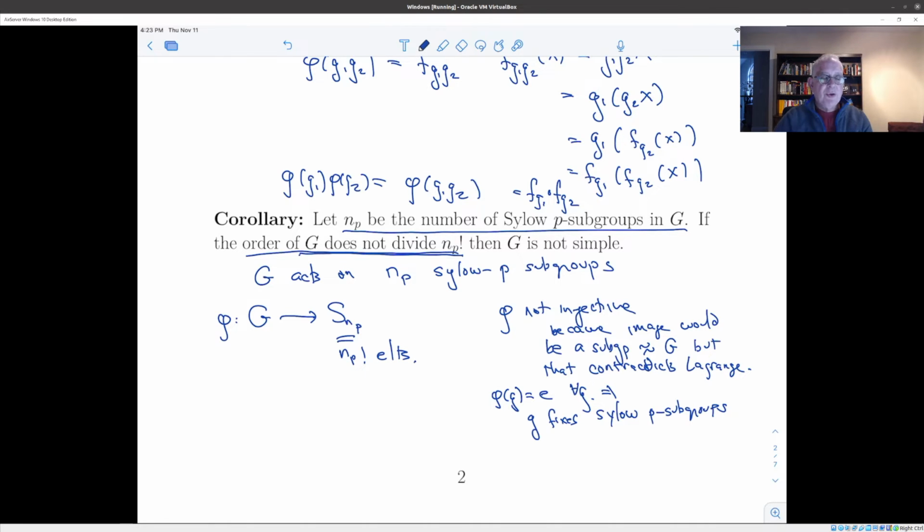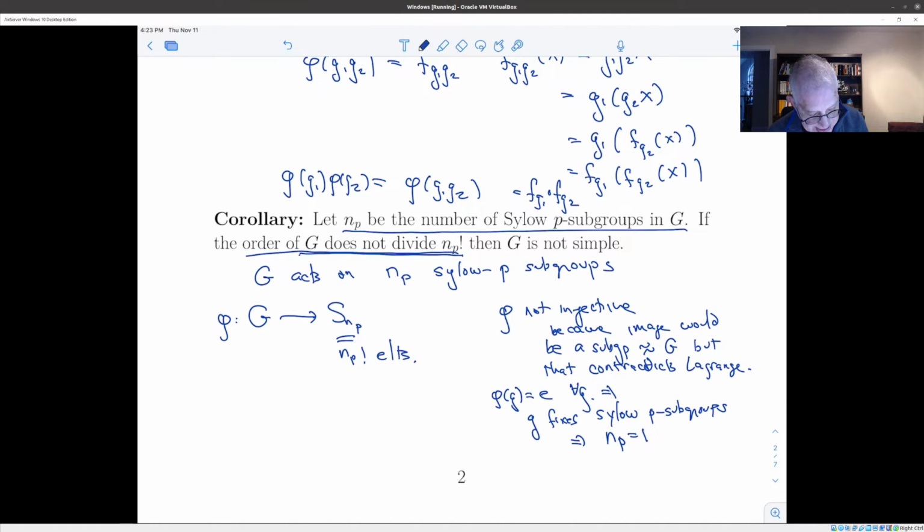It would mean that n_p is equal to 1. And if that was the case, then if the order of G does not divide 1 factorial, that's always going to be true, but it's then going to be the case that G is not simple because n_p is 1, and that means there's a unique Sylow p-subgroup.